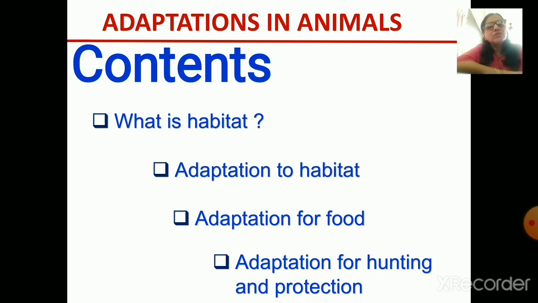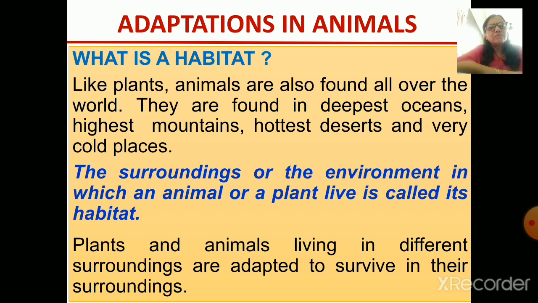We will be doing this part-wise, as you know. So in the first part we will learn about what a habitat is, and we will also learn about some adaptations for some habitats. So what is a habitat?